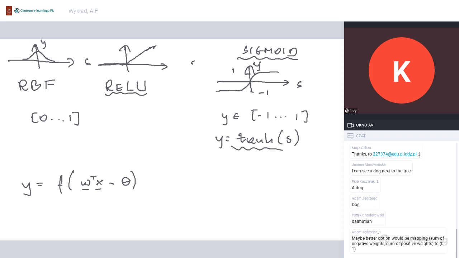If I would like to identify what are the inputs and what are parameters in this equation, I can say that obviously input is x, and all the remaining elements, meaning this and this, are parameters. So these are parameters of a neuron.